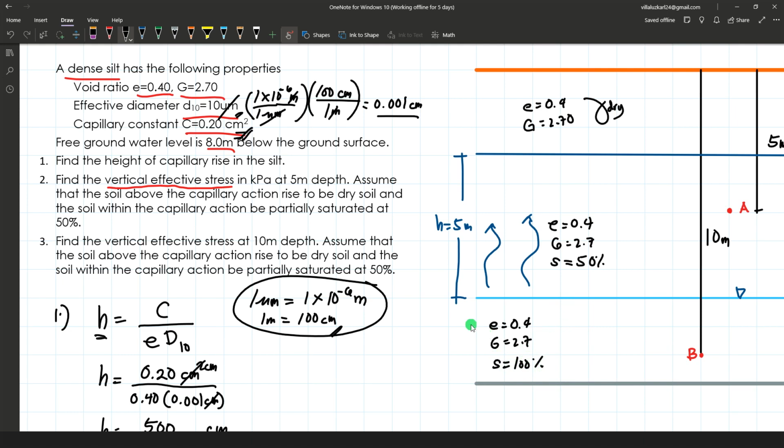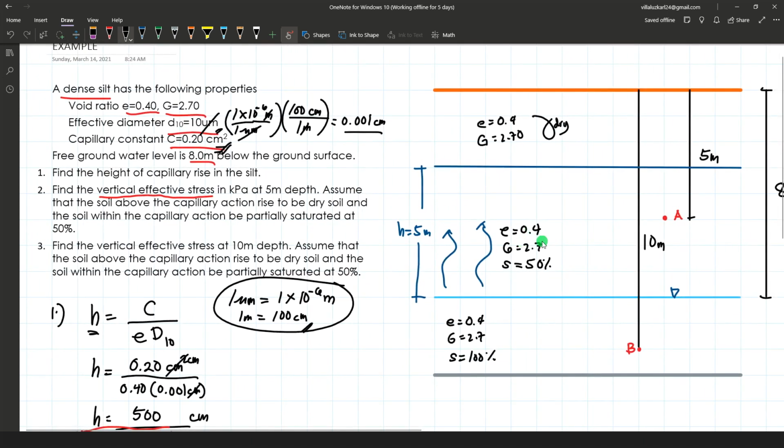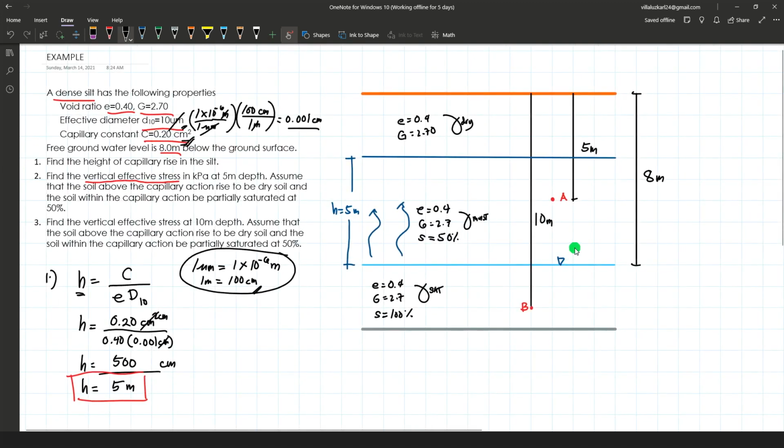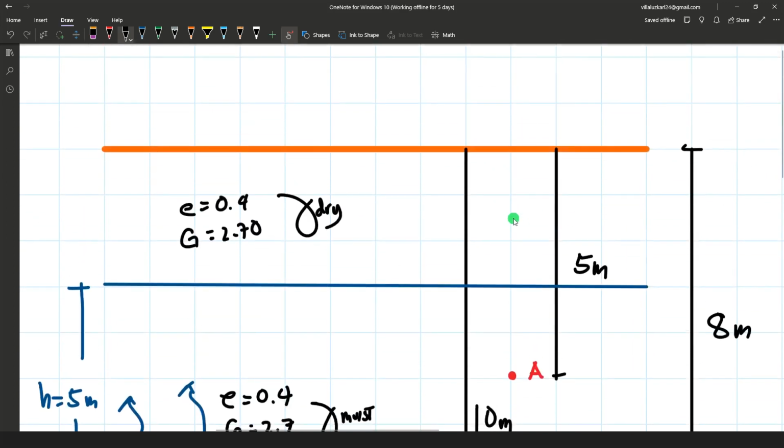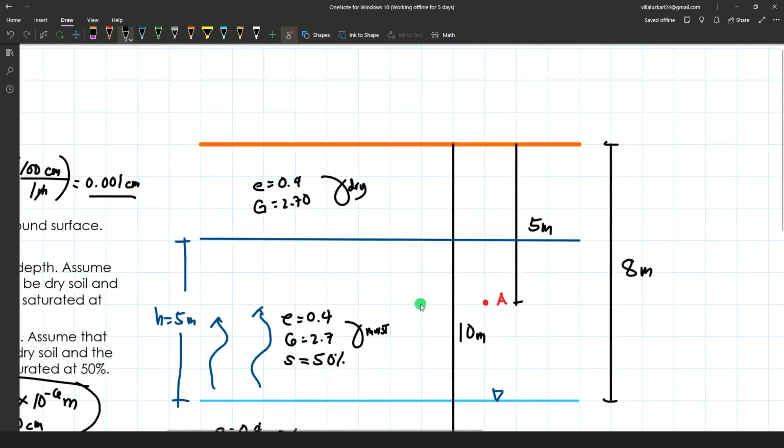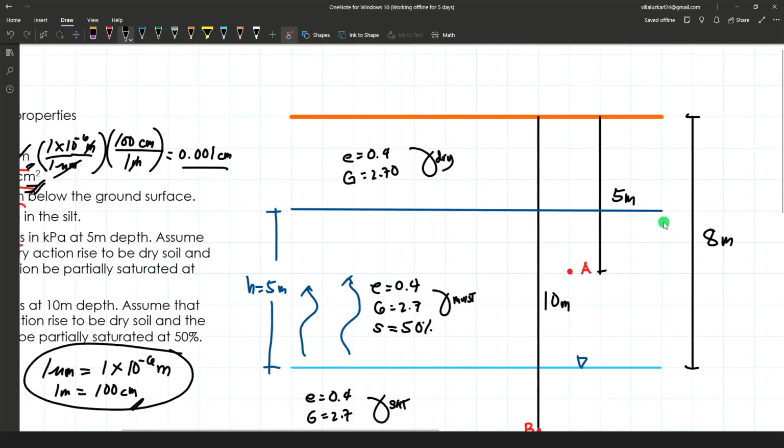So it is fully saturated because it is submerged. So here, let's say the unit weight is for moist or partially saturated soil, or I can write moist soil, and here this is fully saturated, so gamma sat. So for A first, let's determine the stresses present at point A.